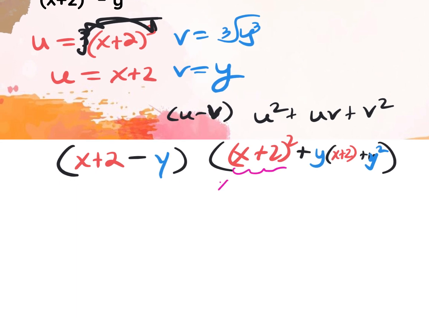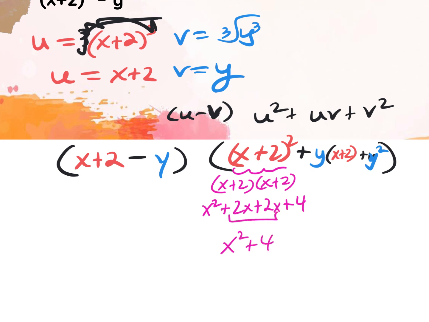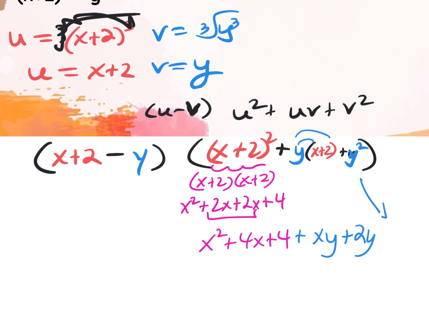So really what I'm doing is x plus 2 here. So this gives me x squared plus 2x plus 2x plus 4. Once I combine these middles, x squared plus 4x plus 4, I'm going to distribute this y. This gives me xy, 2y, and then I also still have the y squared.